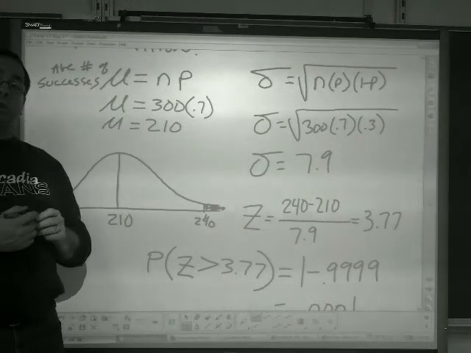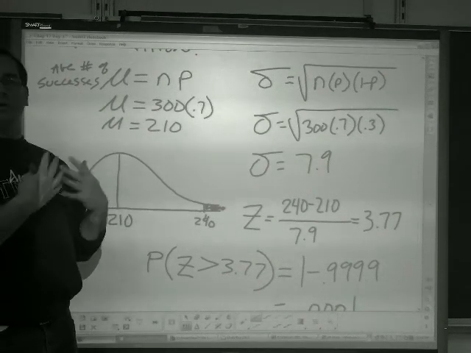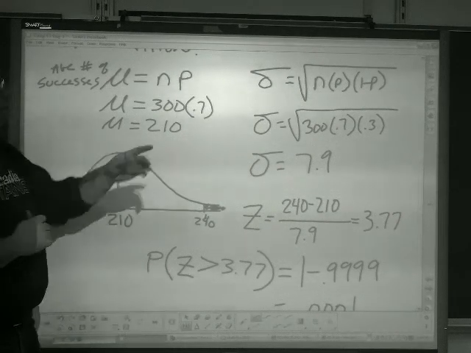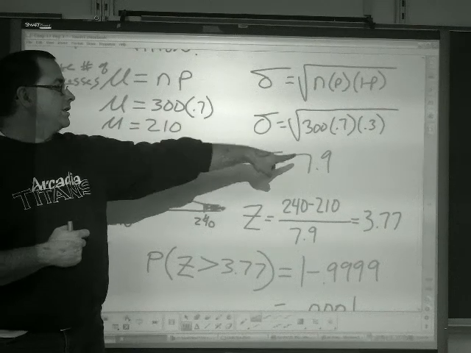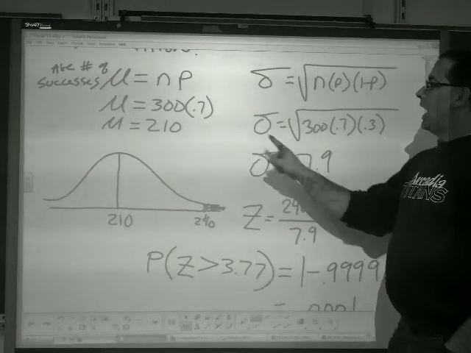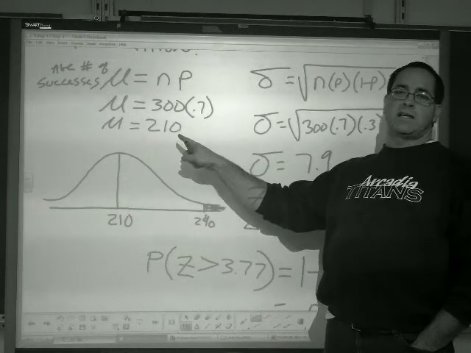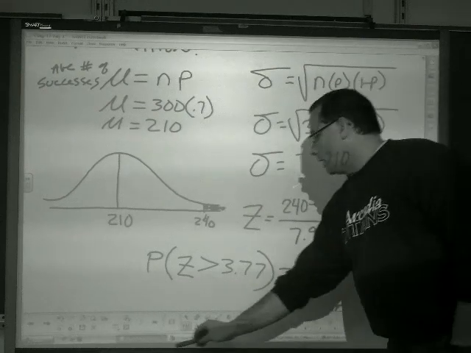These formulas are given to you on your test. On your final, I don't give them to you. You can purchase them again for points. So standard deviation, fill in the blanks. Standard deviation is 7.9. So what does that mean? On average, she's going to make 210 successes, with a standard deviation of 7.9.